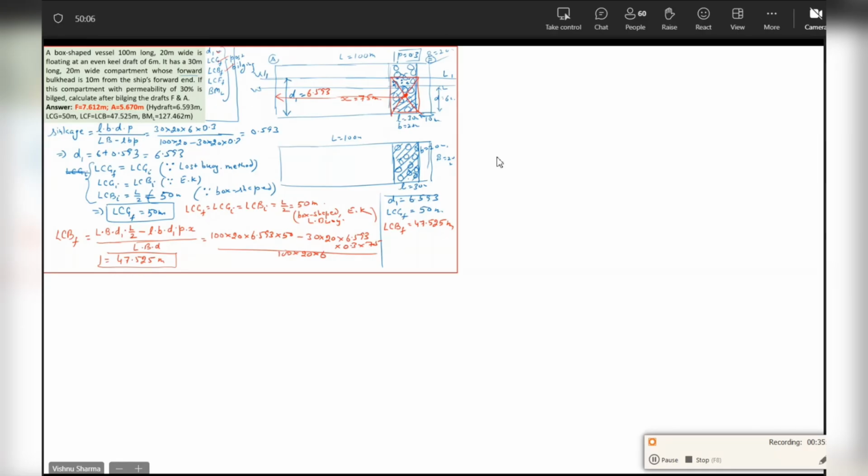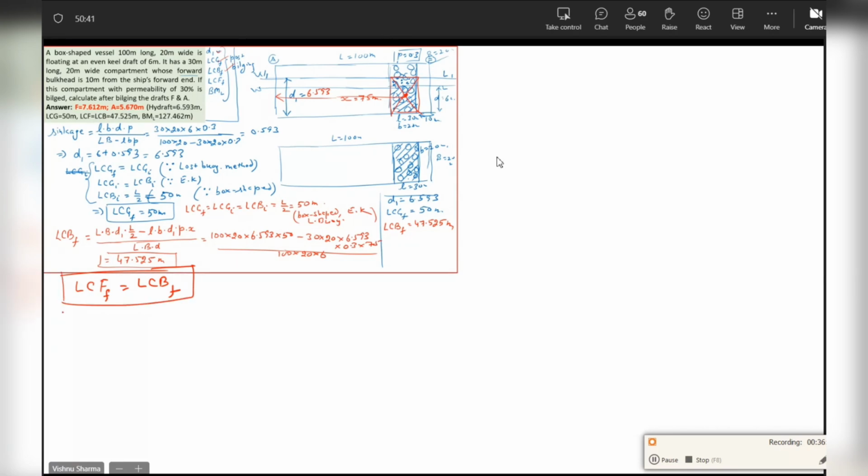What is center of flotation? I told you earlier also, probably you will remember. It's the centroid of the intact water plane. Am I right, guys? Yes or no? Now, in many questions like this one, your final LCF will come the same as final LCB.